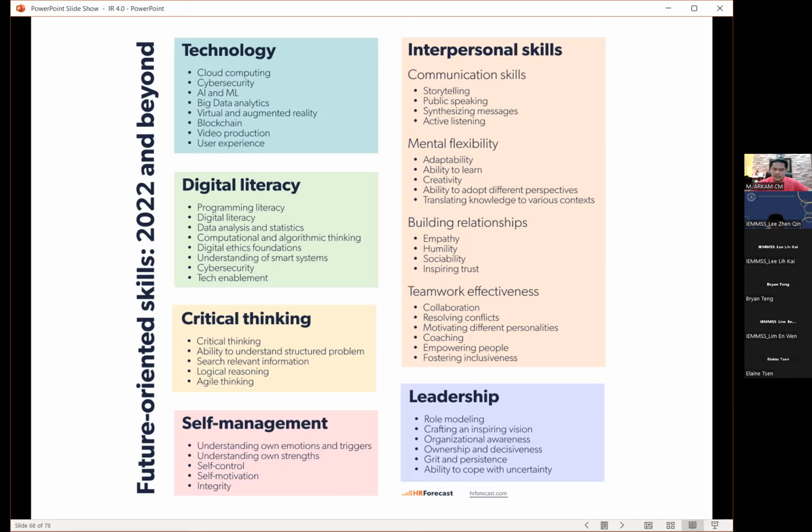Ownership and decisiveness, how you make your decisions by understanding your ownership. Grit and persistence, you put it into a high persistence level so that people can understand you are using your work precisely on whatever you are doing now.